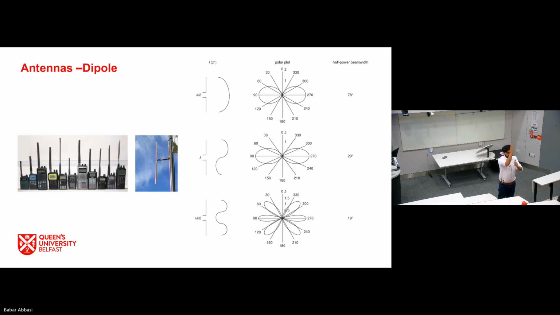Exactly at theta equal to 0 degrees, the contour is basically approaching 0. So there is basically no radiation by this dipole in this direction, but there is radiation in these two directions, plus a portion of radiation in these directions.